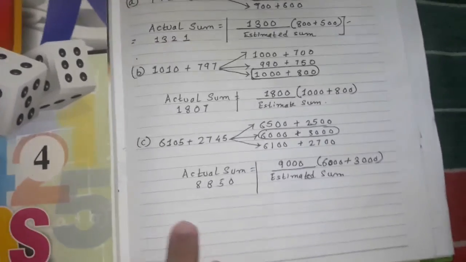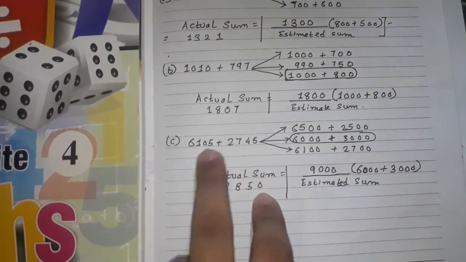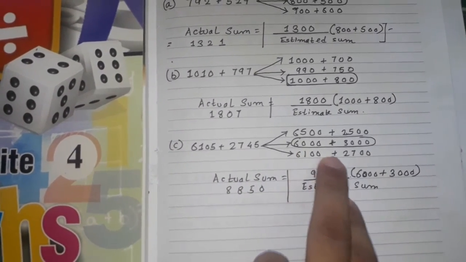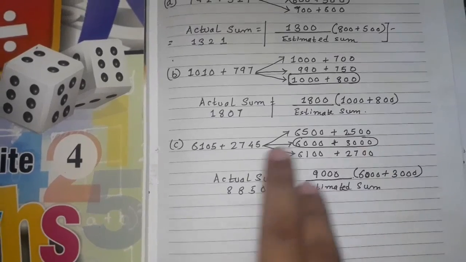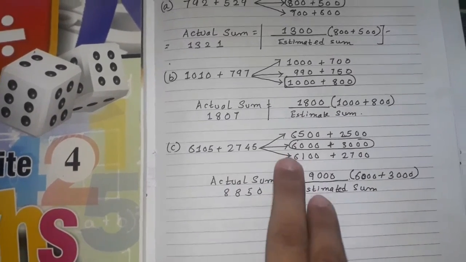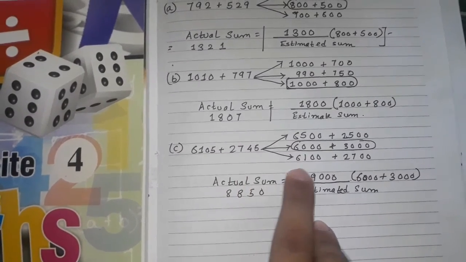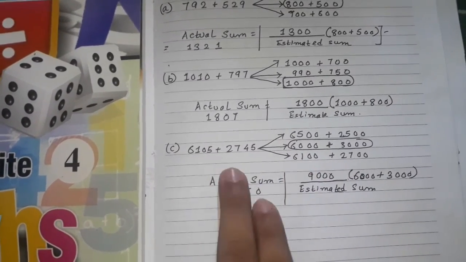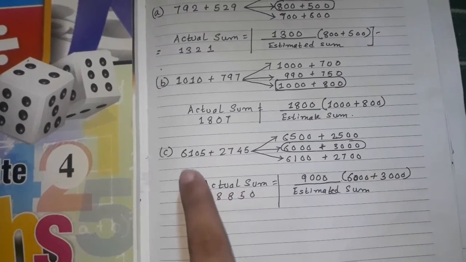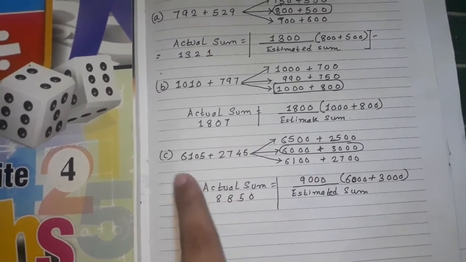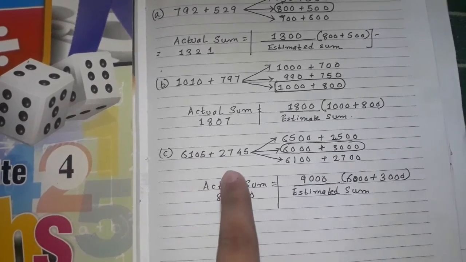Next, 6105 plus 2745. The best option here is 6000 plus 3000, if we round it off to its nearest 1000. But if we round it off to the nearest 100, then the answer will be different. We have done the previous numbers with the nearest 100, now this one we will do with the nearest 1000.